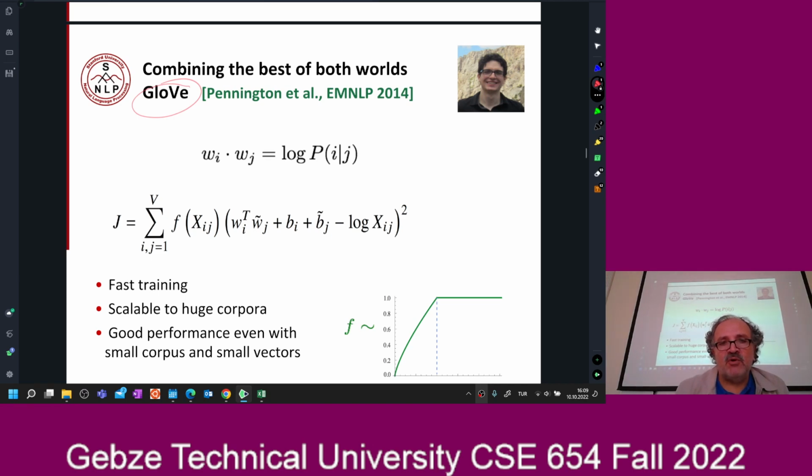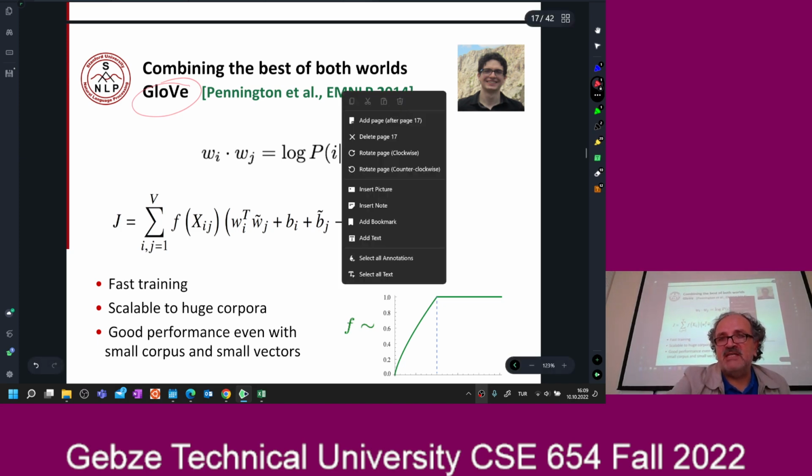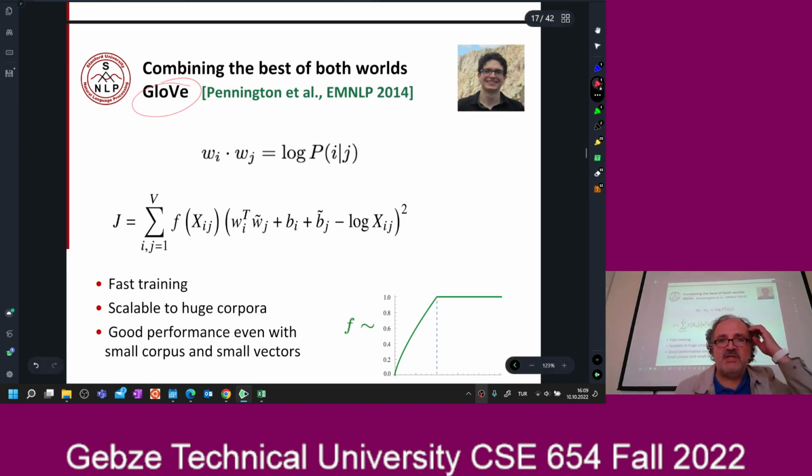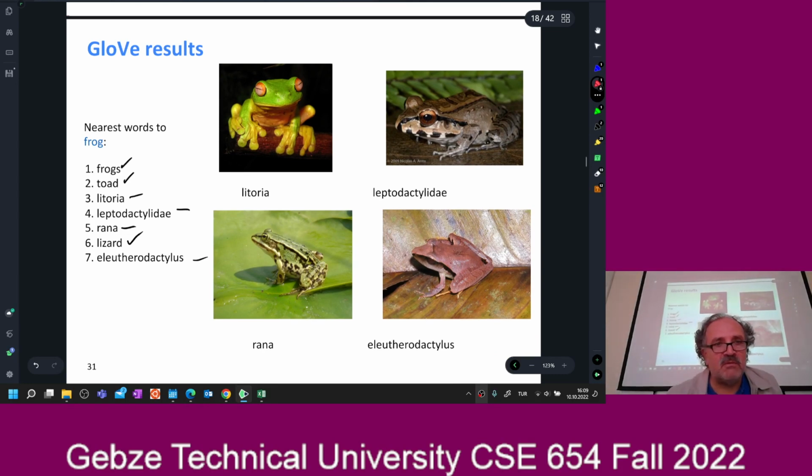Word frequencies, co-occurrence matrices, along with the word-to-vec ideas. It's called GloVe. Remember 2013 is the word-to-vec, 2014 is the GloVe. It works better than word-to-vec, and they applied it to many problems, and they see that it works very well.